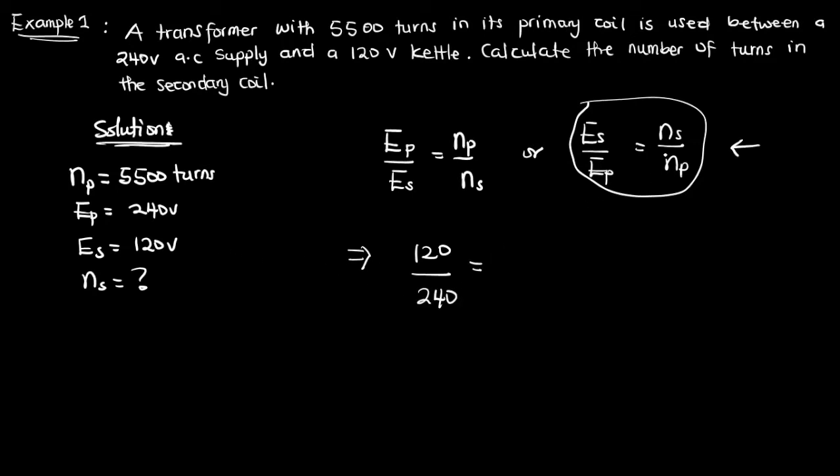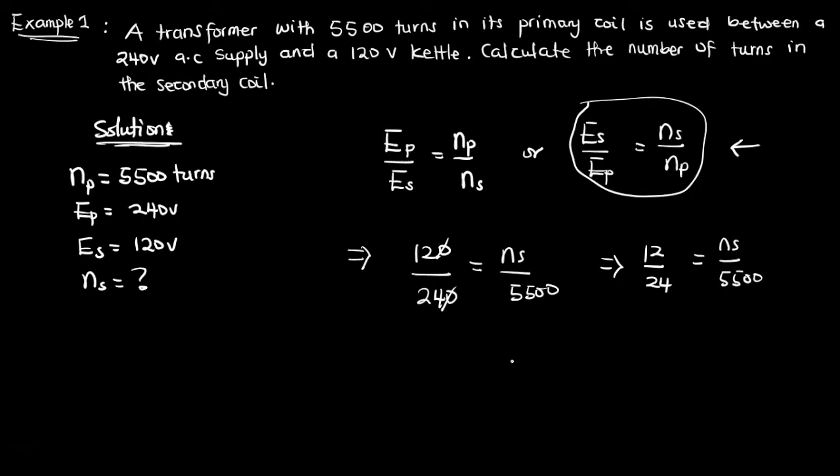This is equal to the number of turns in the secondary coil, which we do not know, over the number of turns in the primary, which is 5,500. Before I even do anything, I can cancel the 0 over here. So I have 12 over 24 equal to NS over 5,500.